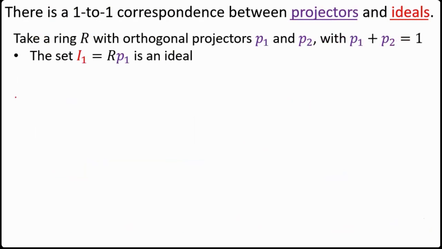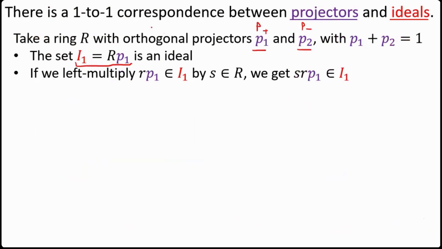Yeah, I tried to give a formal proof on this slide. If we have two projectors, you could think of it as P plus and P minus, where they add to 1. The P1 gives us an ideal called I1.